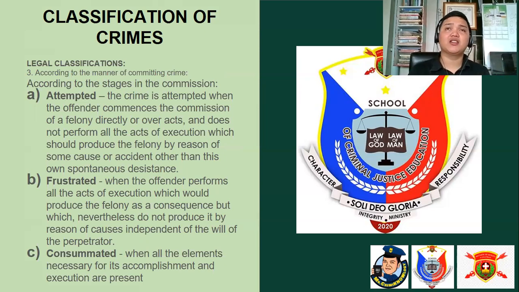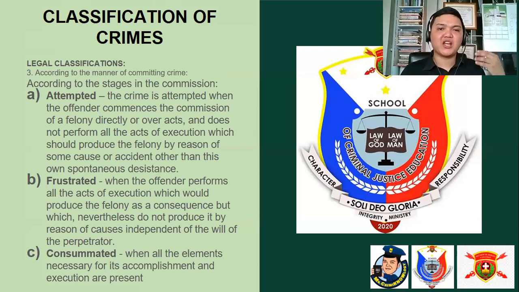Letter A, let's see the word attempted. The crime is attempted when the offender commences the commission of a felony directly by overt acts and does not perform all the acts of execution which should produce the felony by reason of some cause or accident other than his own spontaneous desistance. So there is an attempted stage of crime if the person directly commits overt acts, but he failed to execute all the actions that will produce the felony.